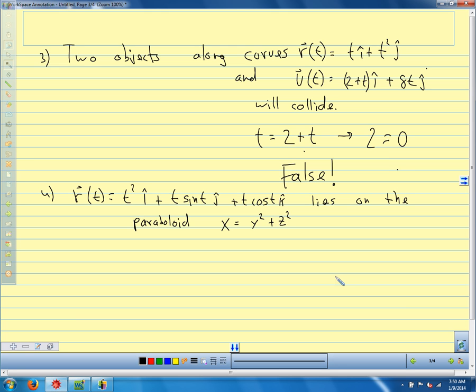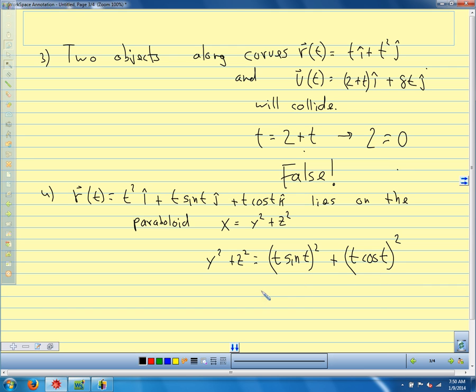True? So we want to see, does x equal y squared plus z squared? So let's do y squared plus z squared. Y squared plus z squared equals t sine t squared plus t cosine t squared.